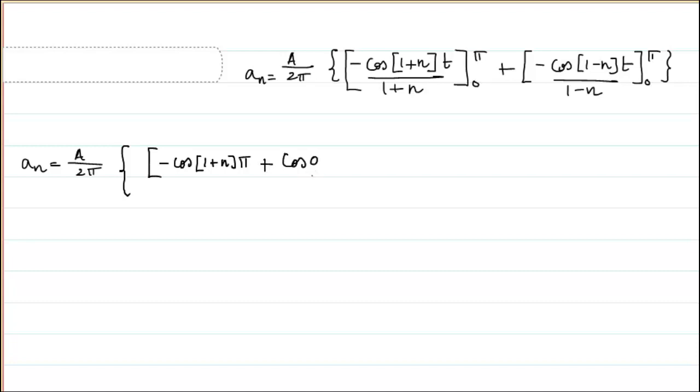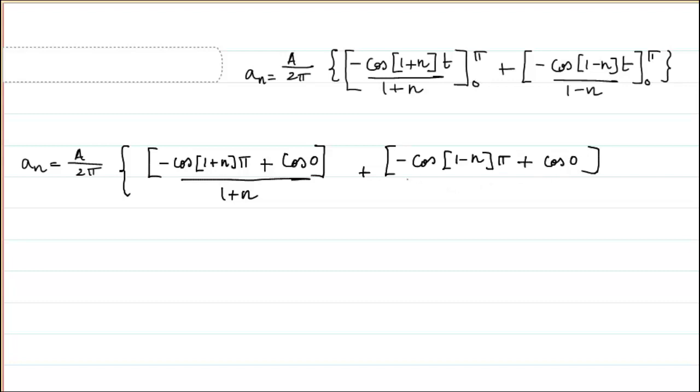I'm not going to write 1 plus n because it's one and the same, so cos of 0 divided by 1 plus n, then plus the remaining is again minus of cos (1 minus n)pi minus of minus plus cos of 0 divided by 1 minus n. This is the second part, correct?